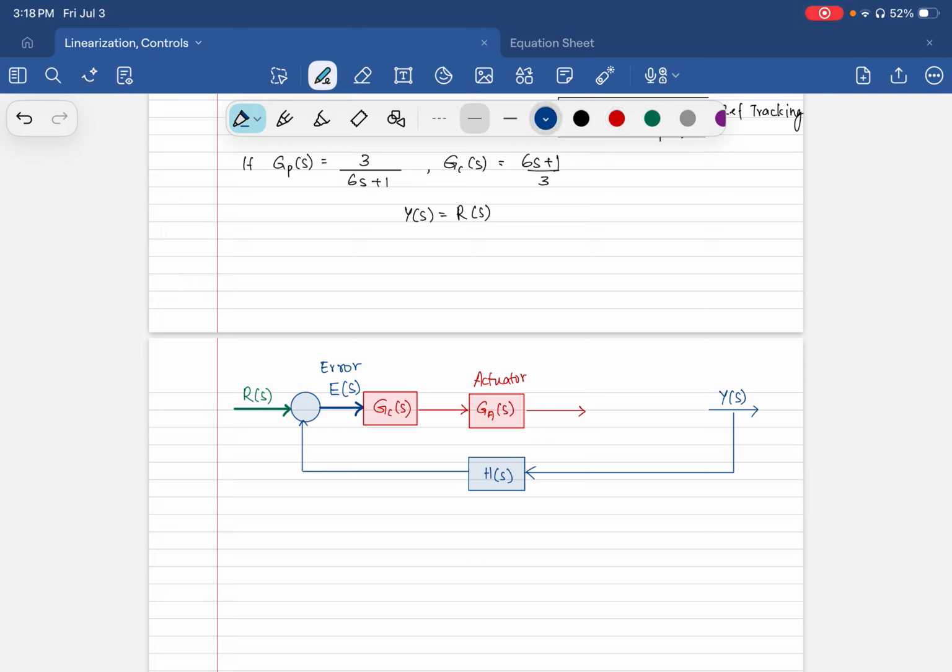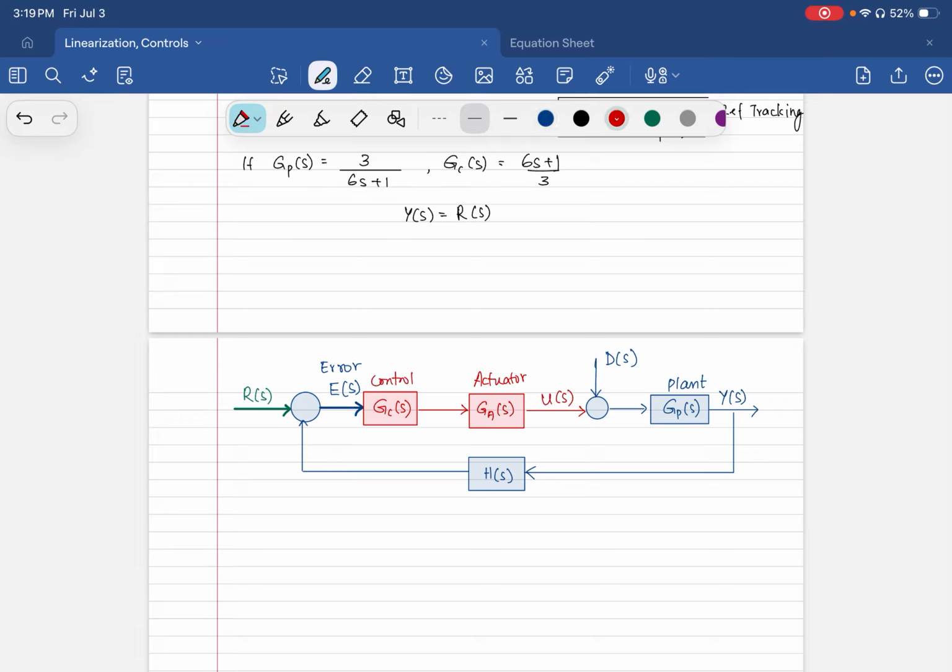But the problem is that it is being disturbed by some disturbance. This is D of s, and this here is your plant. This is your control system that's creating U of s.